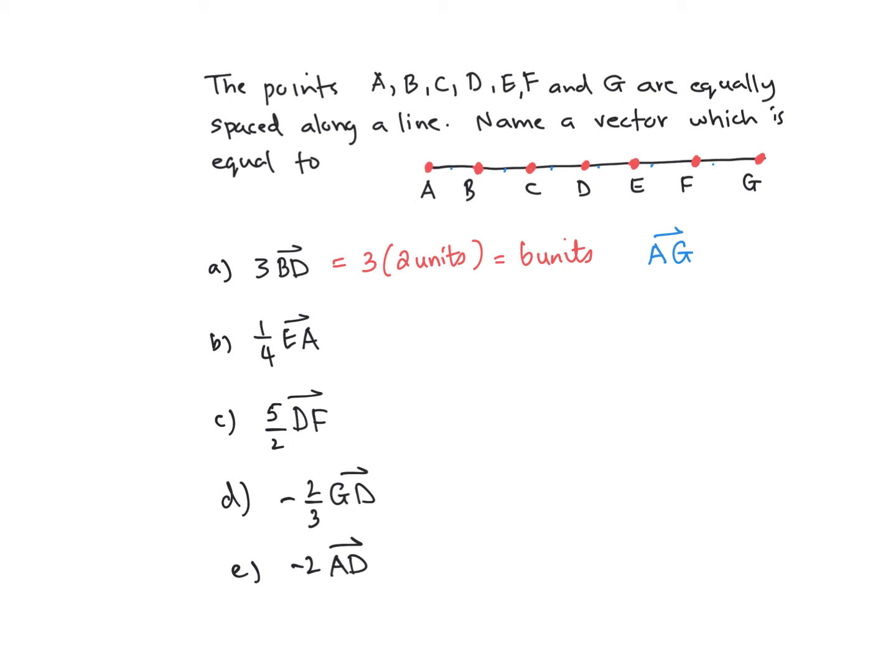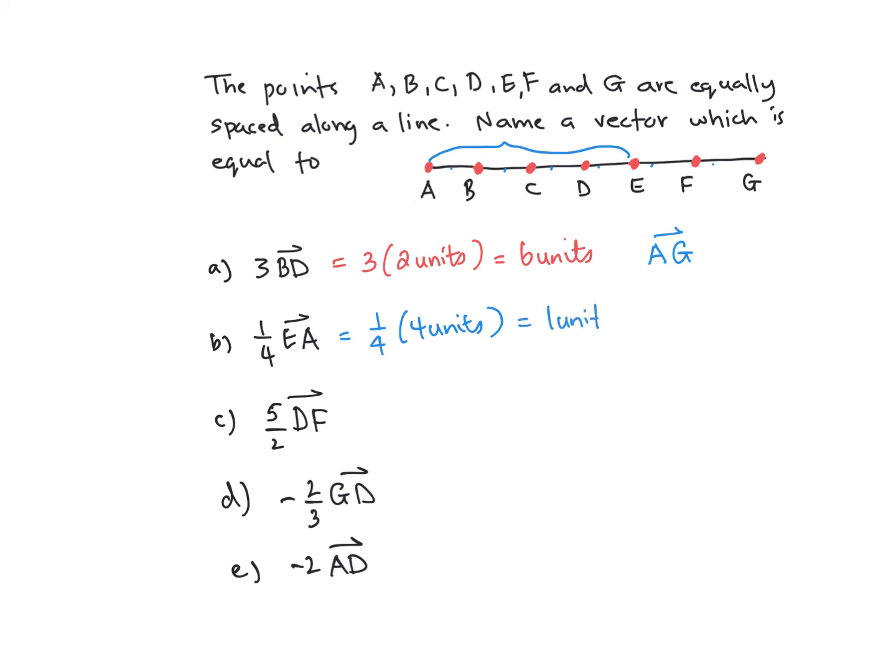All right, 1/4 of E to A. So E to A is from here to here. E to A is 4 units long and it's going to the left. So first we'll talk about magnitude. E to A is 4 units, so 1/4 of 4 units is 1 unit.